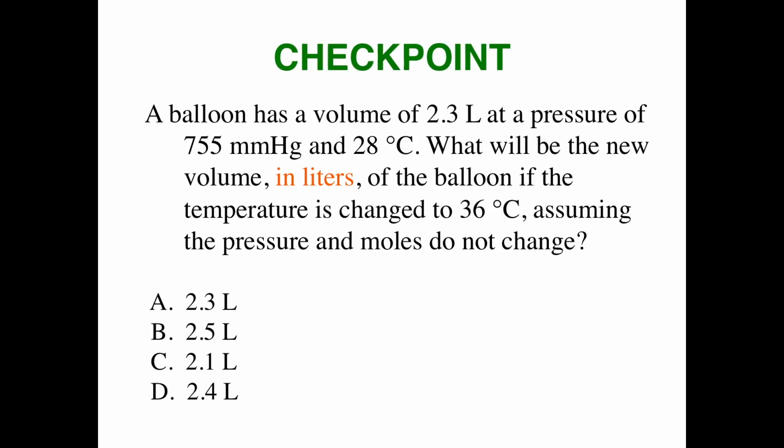Okay, so let's now do a checkpoint using Charles' law. The question reads: a balloon has a volume of 2.3 liters at a pressure of 755 millimeters mercury and 28 degrees Celsius. What will be the new volume in liters of the balloon if the temperature is changed to 36 degrees Celsius, assuming the pressure and moles do not change?